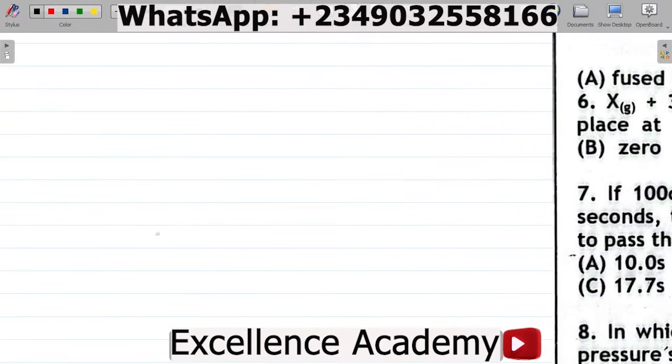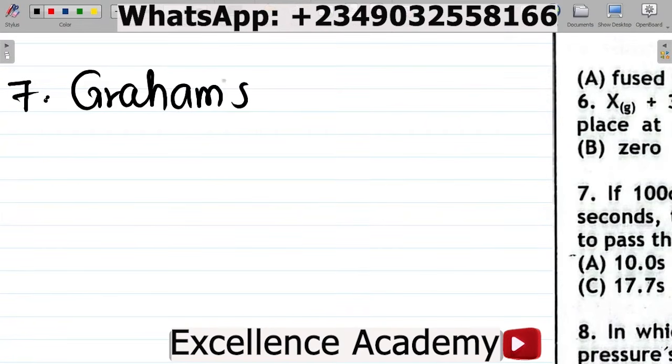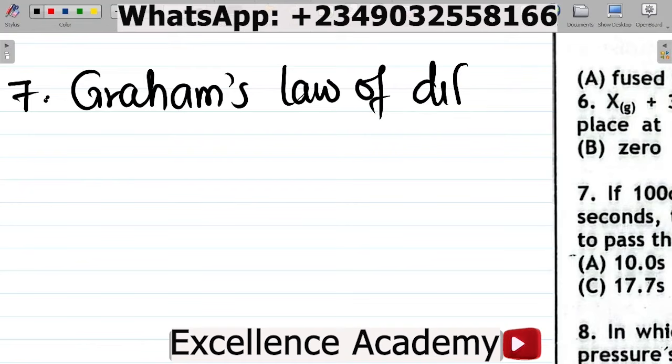All right. So for number 7, what we use here is Graham's law of diffusion. Now, how do we use this law?